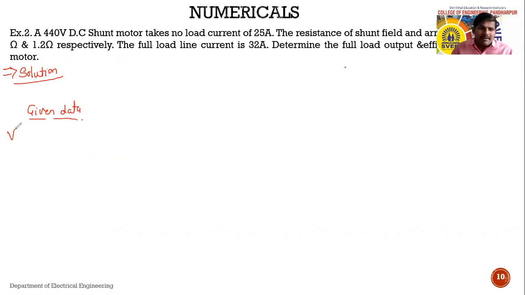Here the supply voltage is given, it is 440. I am not drawing the diagram here. The DC motor takes a no load current, so the no load current taken from the supply, that is IL0, is equal to 25 ampere.